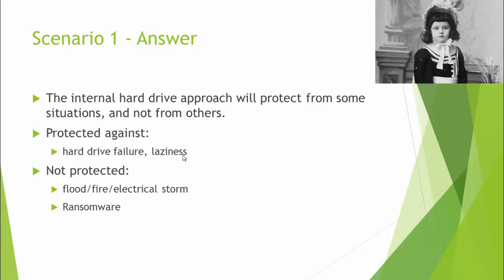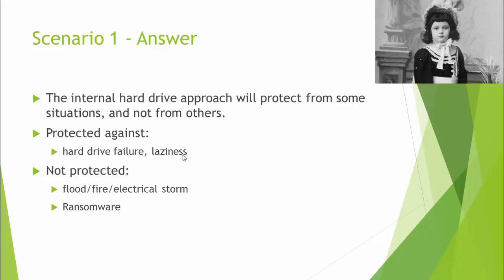But there's some downsides here. Because the hard drive is located inside the same computer, if we have a flood, a fire, or an electrical storm, chances are both hard drives get destroyed. In addition, you may have heard this term ransomware before. If someone manages to hack into our computer and encrypt our data, they can get access to both.